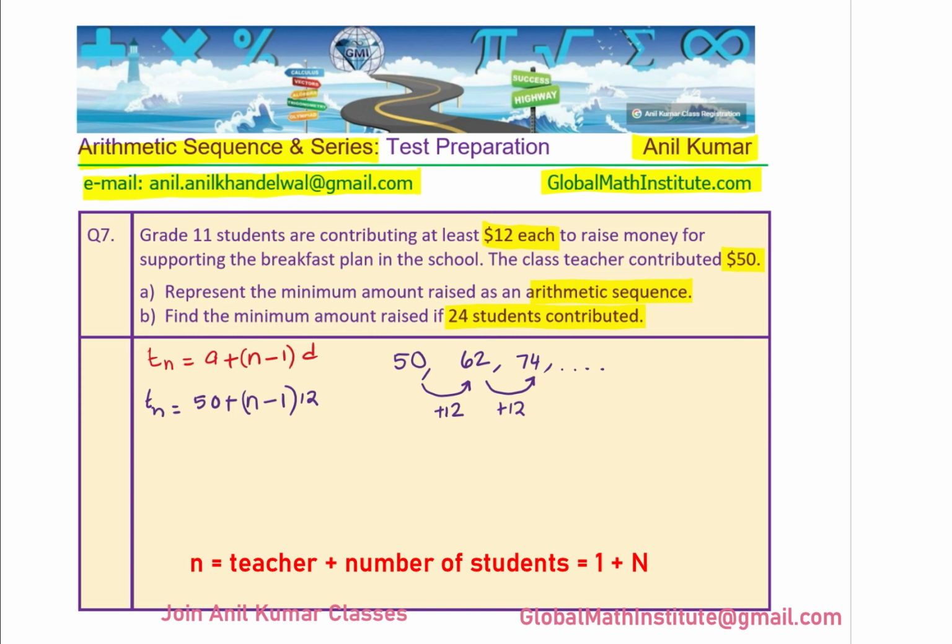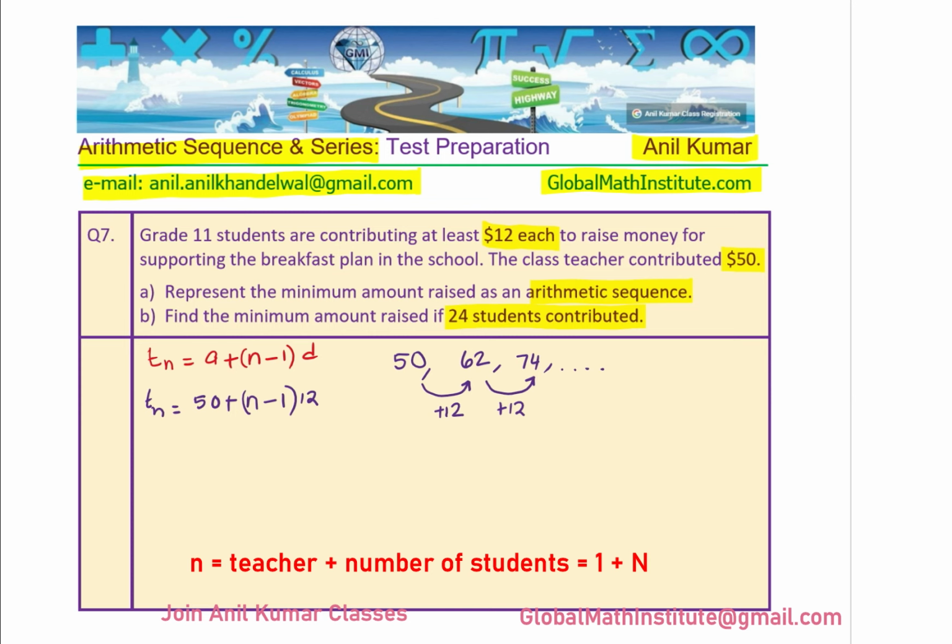So that forms the arithmetic sequence. So arithmetic sequence means we are just looking into the terms. If there are two students, we can see the minimum amount raised is $74.